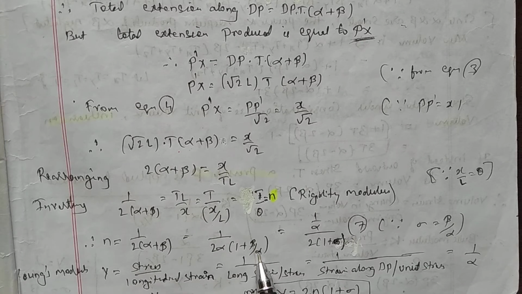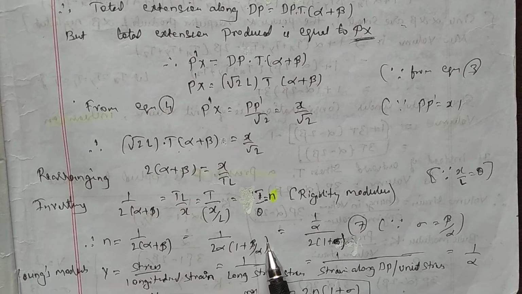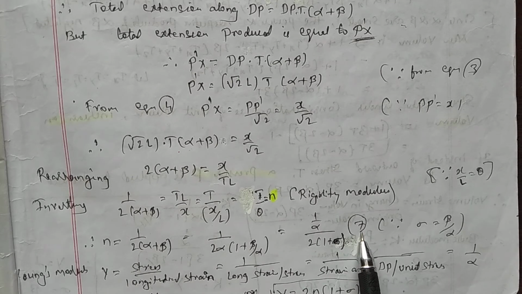So beta by alpha is nothing but sigma, the Poisson's ratio, where beta is the lateral strain coefficient and alpha is the longitudinal strain coefficient. The ratio of these two is the Poisson's ratio. We call this equation number 7.